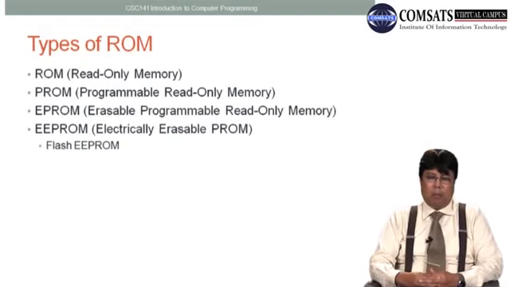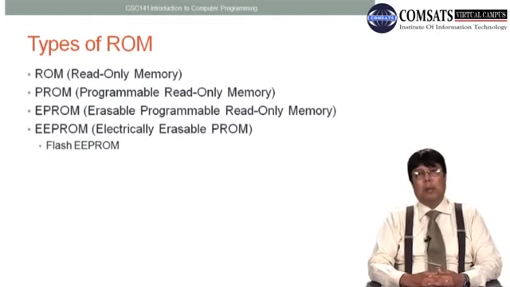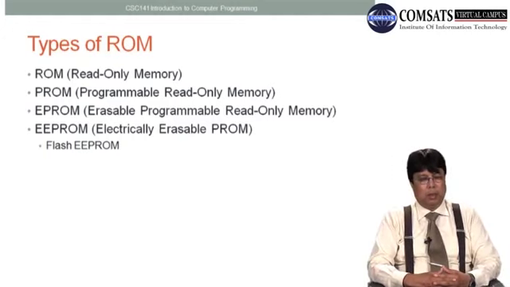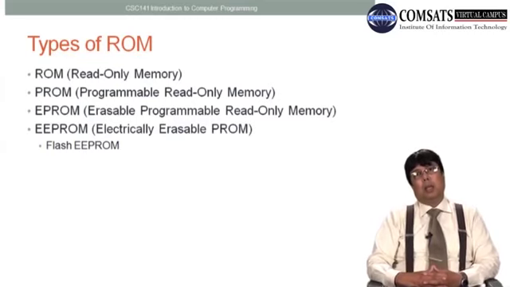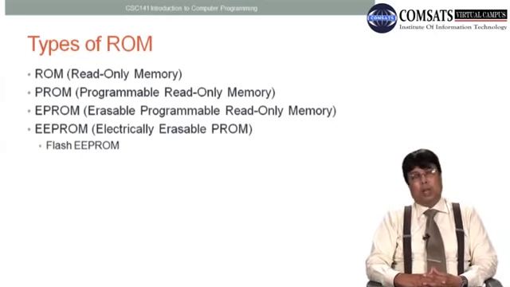Then comes EPROM, erasable programmable read-only memory. The difference between PROM and EPROM is, PROM you can write once, but with EPROM you can write multiple times, you can erase it multiple times, and still you can use it.